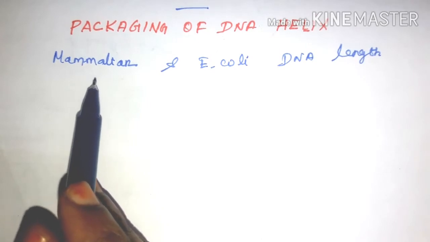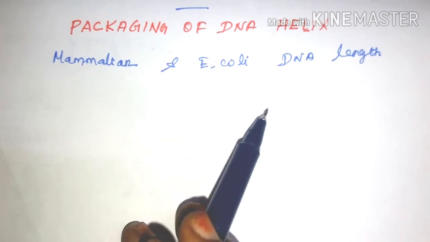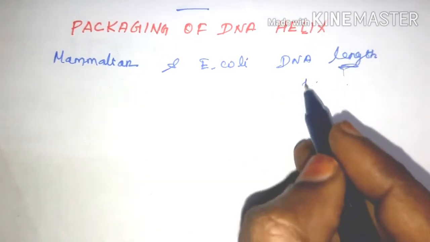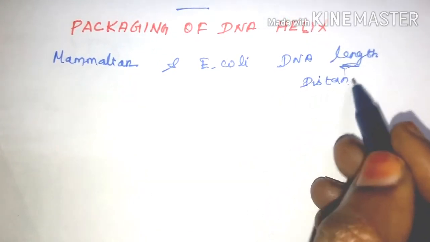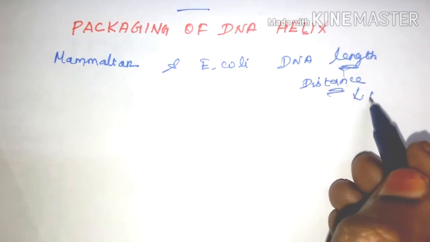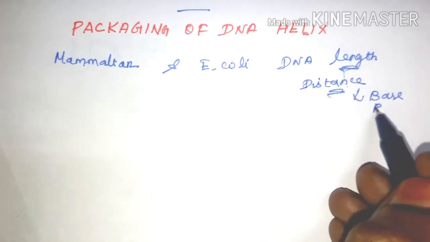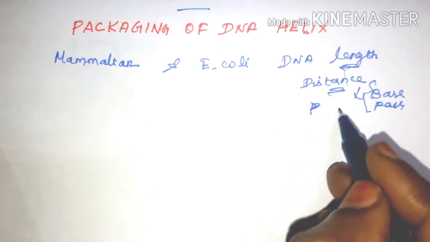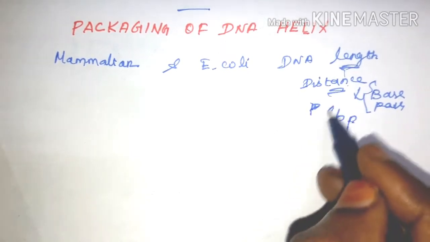They are comparing the mammalian and E. coli DNA. They are calculating the length through the distance between base pairs. The distance between base pairs is given as a short form, bp, base pair.